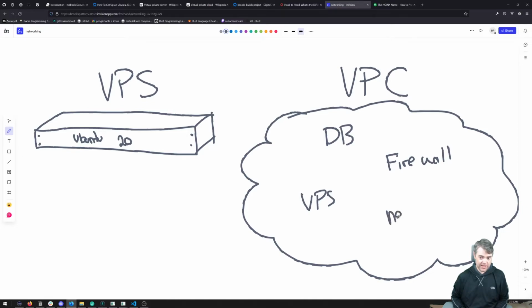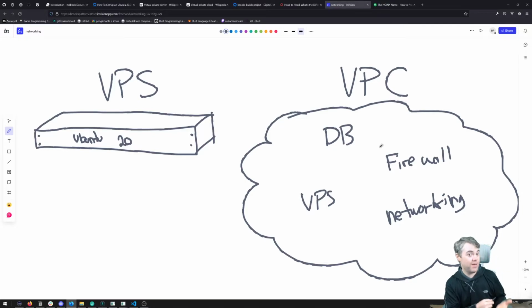Maybe there's some networking where I can have VPSs that are networked together, but not available to the general internet. All of these things together make up a VPC. So we could say that Amazon is a VPC, or they provide VPC services. However, you can also just spin up a single VPS from any of these vendors if you really want to.